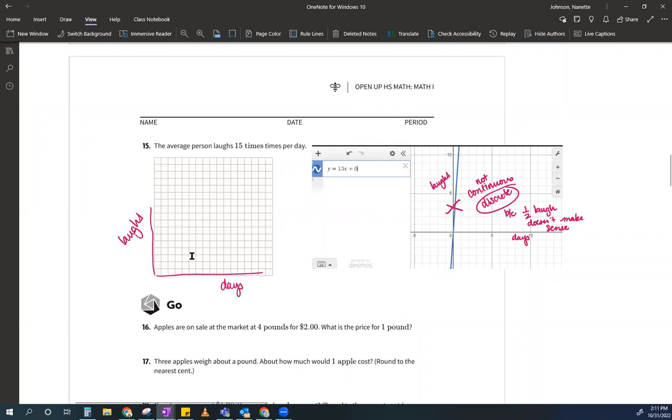So if I had one day, I'd have 15 laughs. I'm going to pretend each one goes by 5 here. So this is 1, then this is 5, 10, 15. If there were 2 days, that would be 30. 3 days, that would be 45. Here, I'm not connecting the dots because half a laugh doesn't make sense.